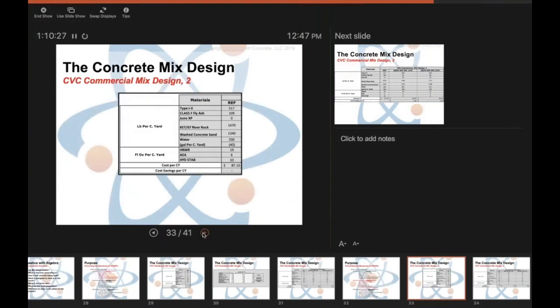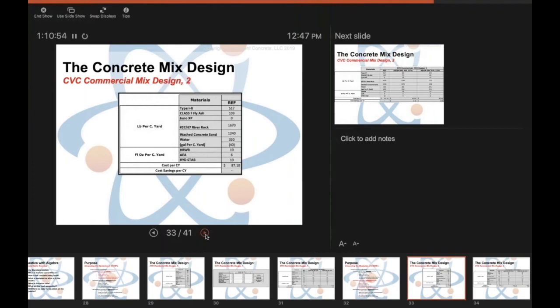So as you can see with this, we've got a higher cementitious content, 517 pounds total cementitious. We're using our Class F fly ash as before, and this time we're taking out that number 8 rock, so we only have the 57/67 and our washed concrete sand. Both of these are river rock and river sand. We're using our high range water reducer, as well as our water content of 330 pounds per cubic yard.